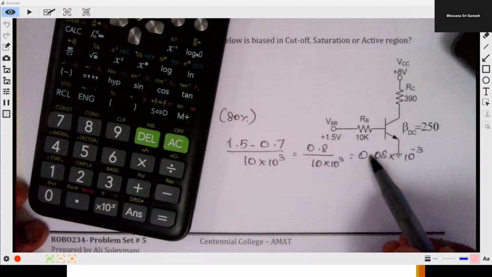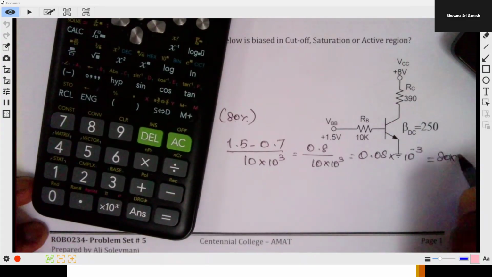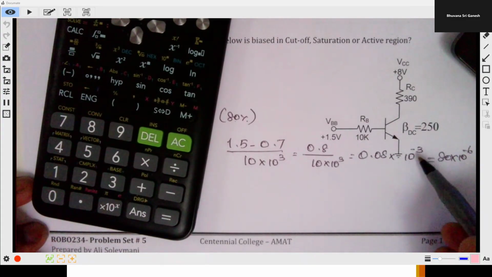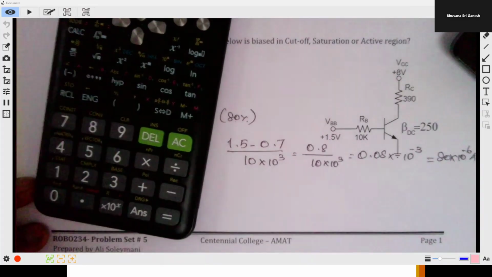Now when you move 1, 2, 3 places, it becomes 80 times 10 power minus 6. You cannot leave it as 8, because that becomes 10 power minus 5, not acceptable. So 80 times 10 power minus 6 ampere, 80 microamperes.